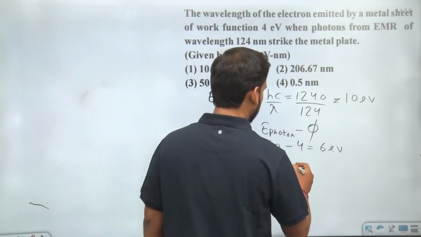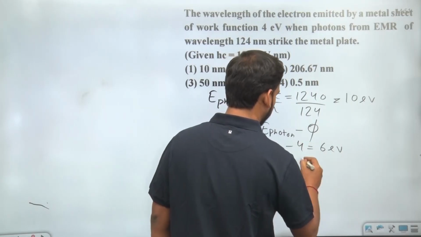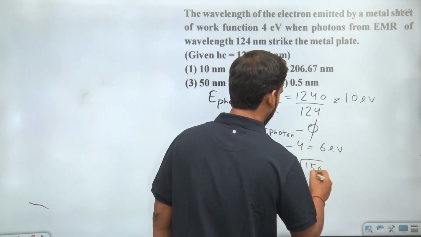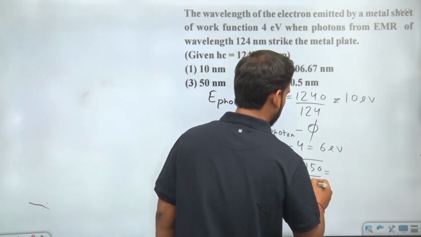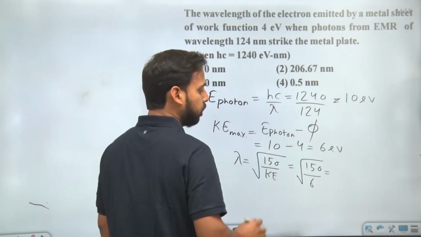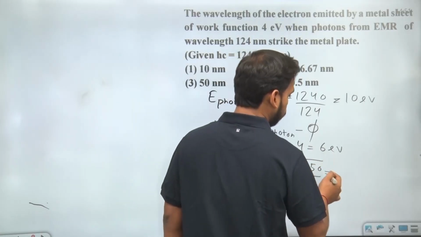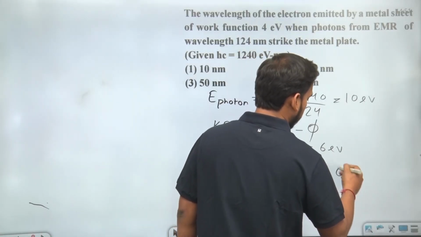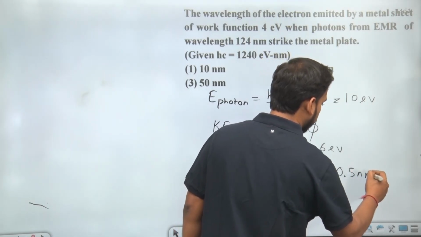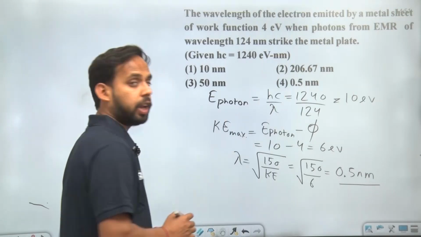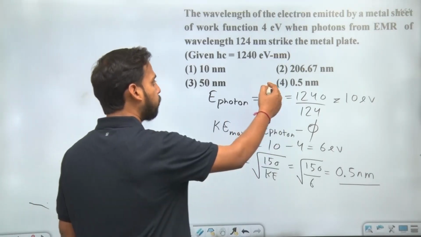So the kinetic energy is 6, so it is 150 divided by 6, and in this calculation we will get it in angstrom. Finally, when we convert the angstrom into nanometer, the final answer we get is 0.5 nanometer. So the correct answer is option 4.